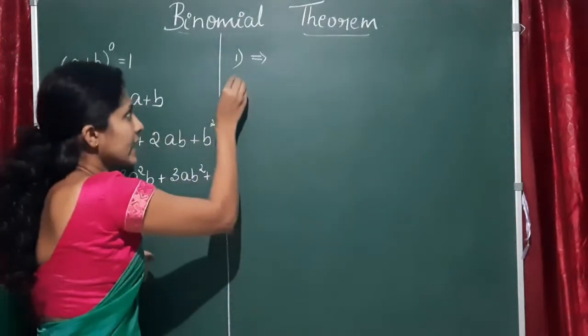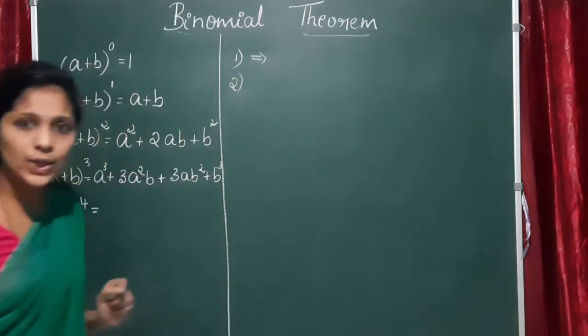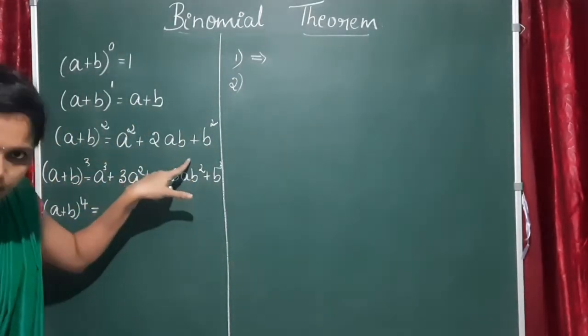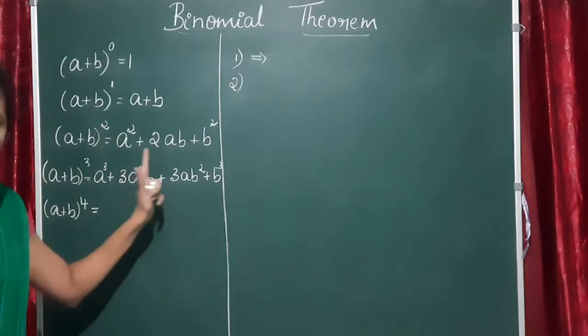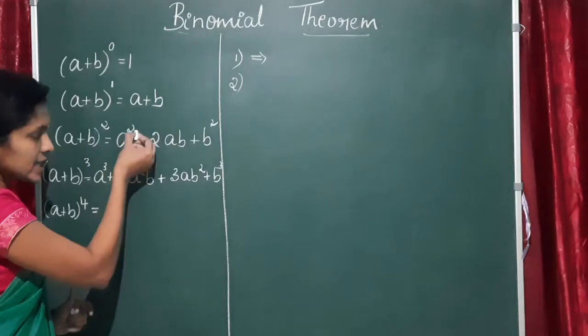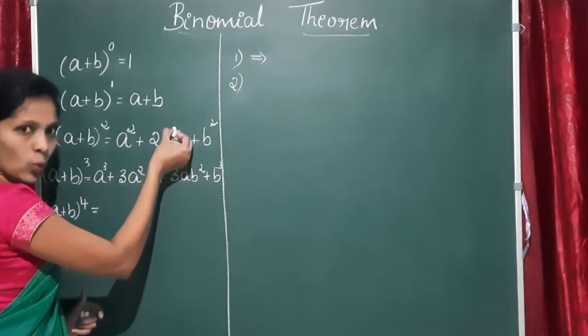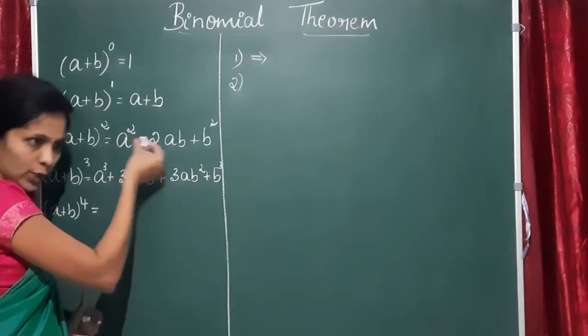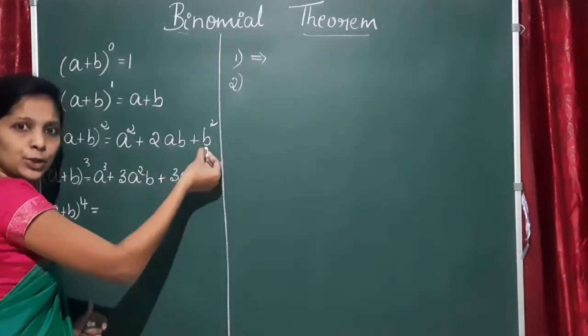Okay. And the second observation is, here you can see the power of a goes on decreasing and the power of b goes on increasing. Agree? Right? a square, a to the power 1, a to the power 0. Here b to the power 0, b to the power 1, b to the power 2.